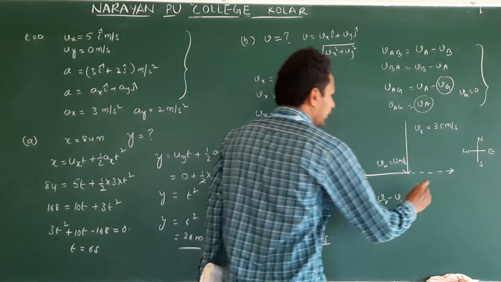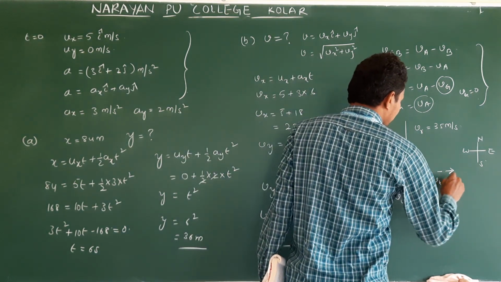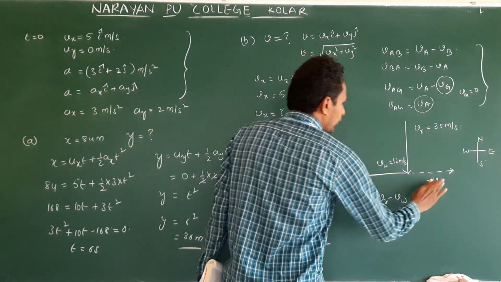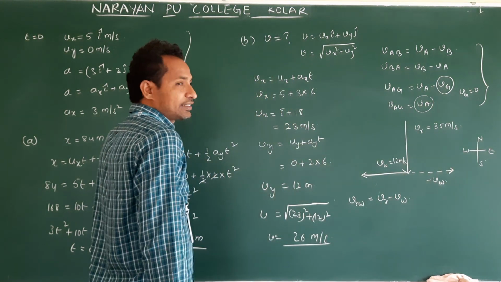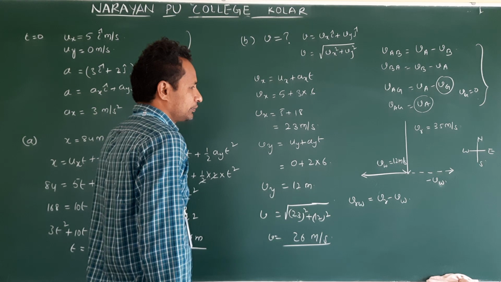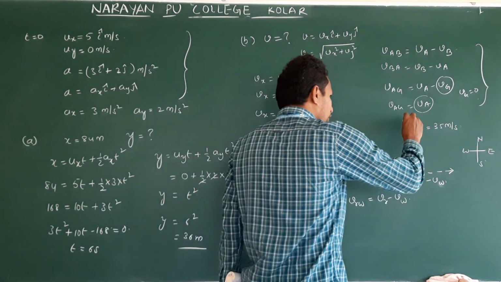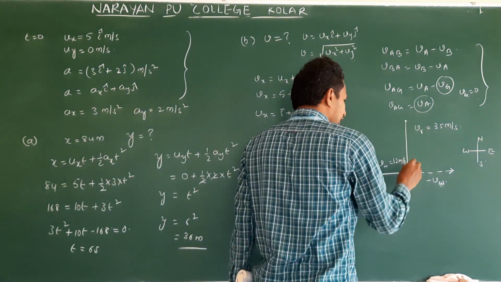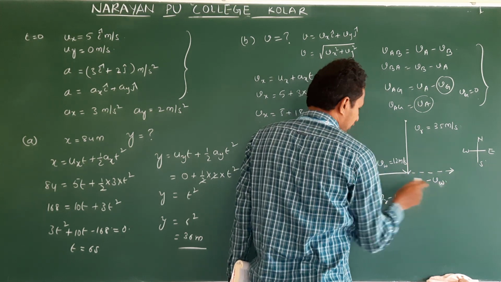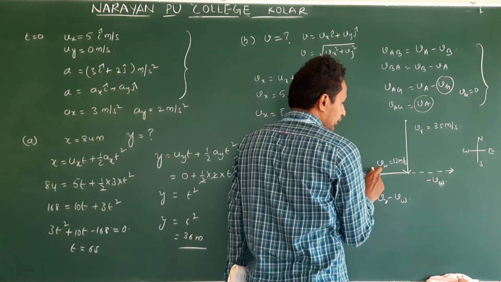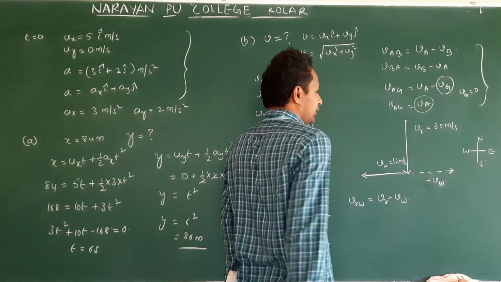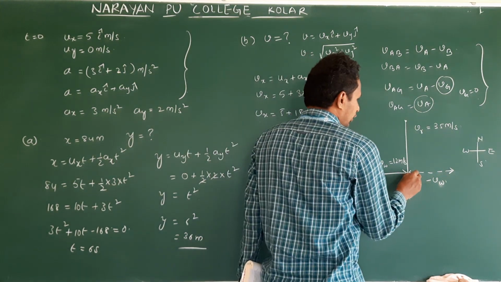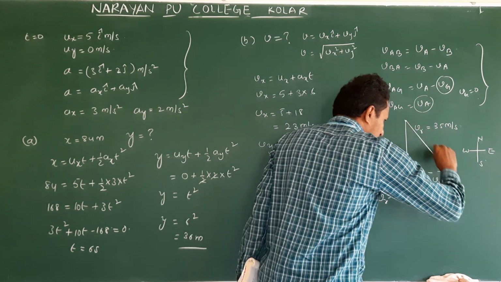Then this will be minus VW, because this is VW. Understand? Now this is tail to head. Now we reverse the velocity of the woman, so the direction changes. That's why I wrote minus. Now this is the closing side.